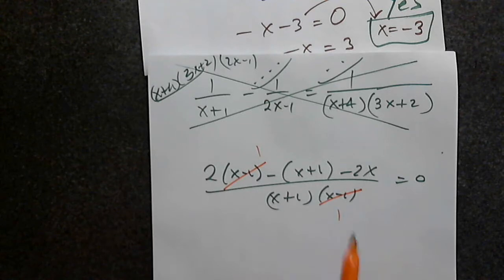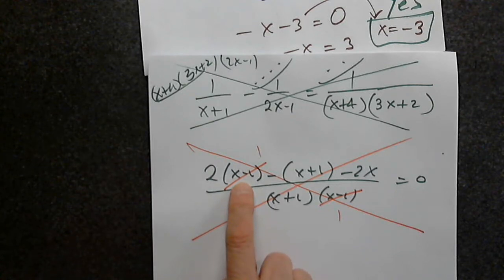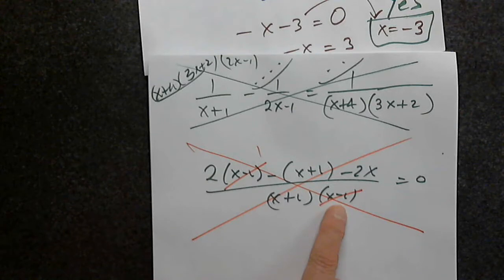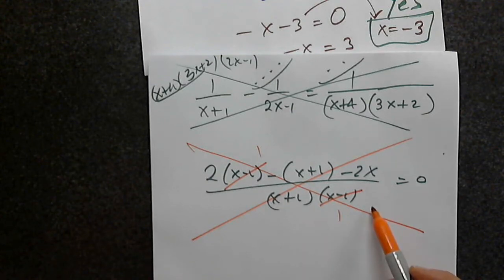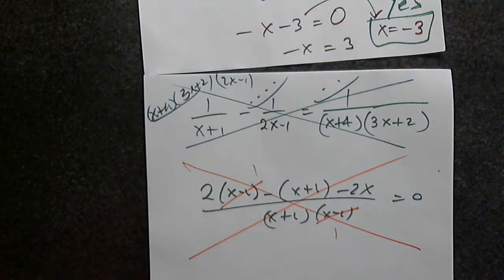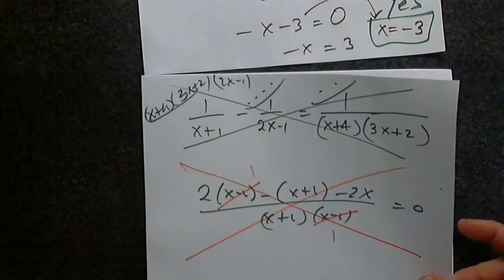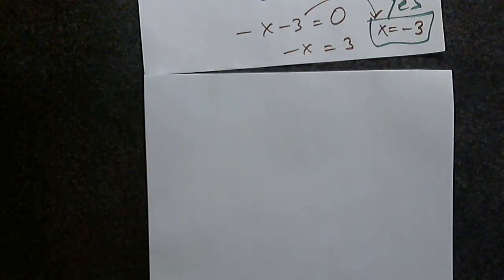Someone will simplify this. But that's not allowed, because I just wrote a note. You cannot simplify terms. This is a term, and you're simplifying it with a factor. So I'm trying to avoid this mess. However, I'm very happy if you use the method you like, always, at any point in time.